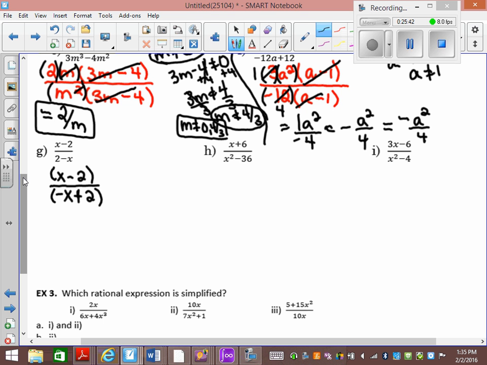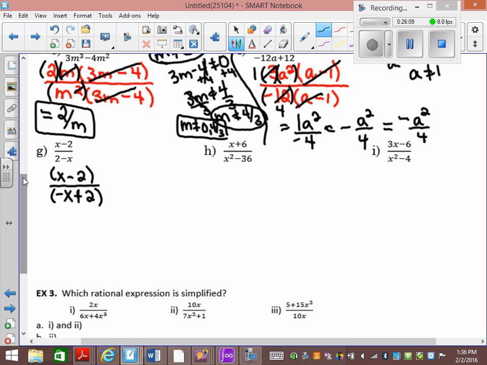So what can I do to the bottom? Pull what out that will make the signs change? What do you think? I don't want to pull out any numbers because I can't. I don't want to pull out any letters or variables because I can't. But I can pull out a negative 1. If I take a negative 1 out of the bottom, it will change the signs of everything in the bottom.